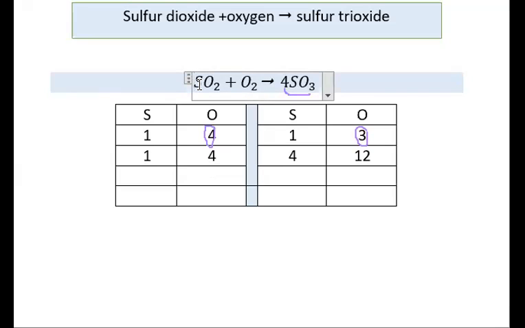Good, Mo. So I bring the 4 before the SO2, right? And now I have 4 sulfurs, and I want all of you to try and calculate how many oxygens I have. And Mulemo, I know you can do this as well.